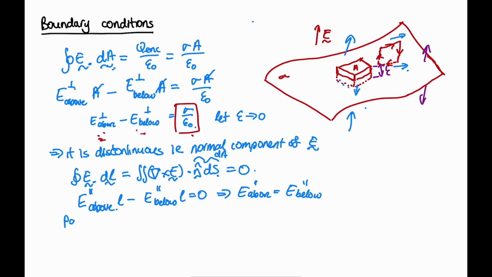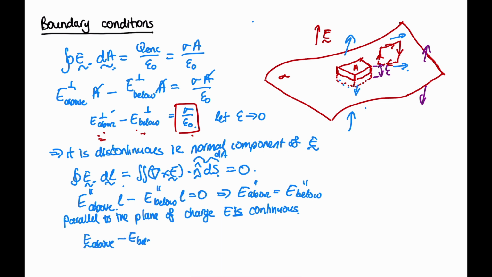And so this tells us that parallel to the plane of charge, E is continuous, which means that combining these two, because now we've got a perpendicular and a parallel component, we've got that E above minus E below, we only have the perpendicular contribution, and so that's sigma over epsilon naught, and that's in the normal direction.